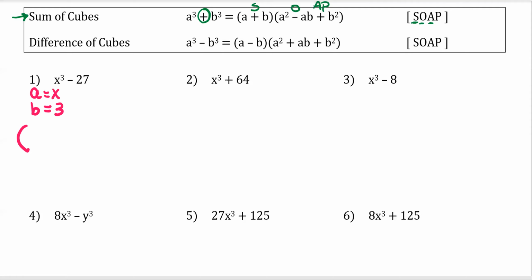Our first parenthesis, or our first factor, is going to be x minus 3, the same sign that is in the problem. The next factor is a squared. So x times x is x squared. The opposite sign. Then a times b, or x times 3, which is 3x. And then b times b, which would be 9. It's factored. Beautiful.